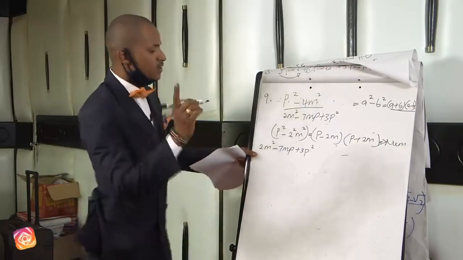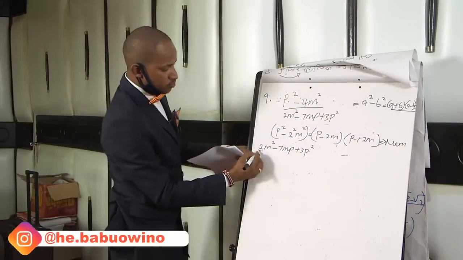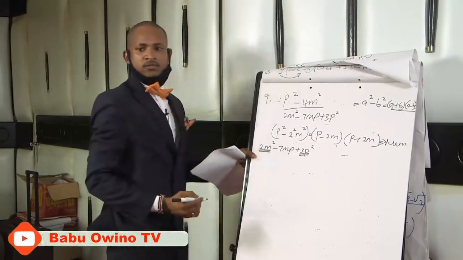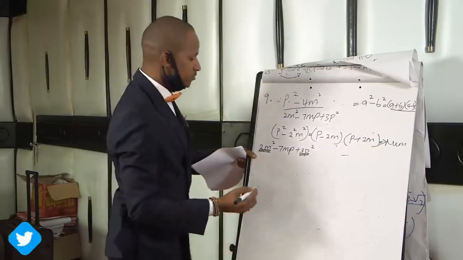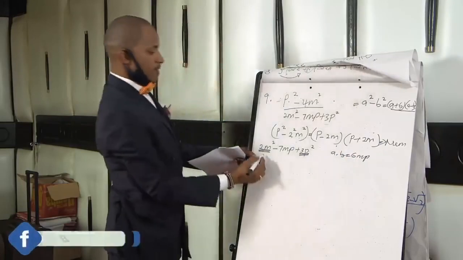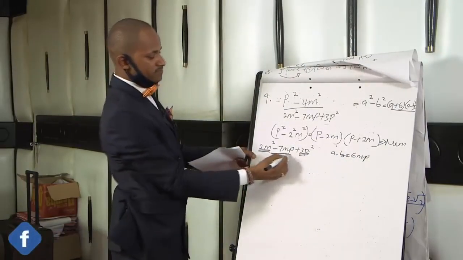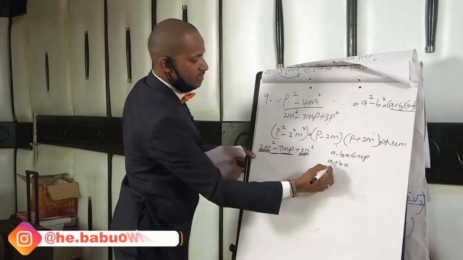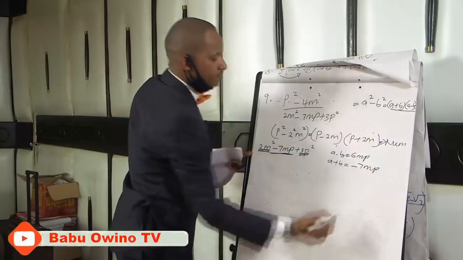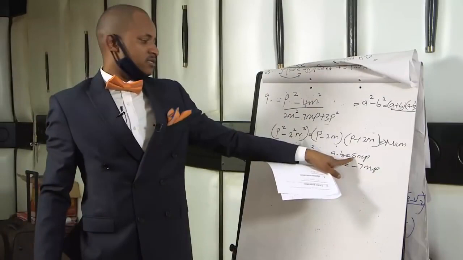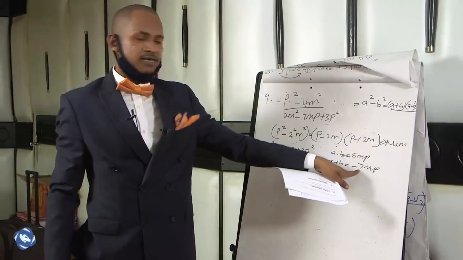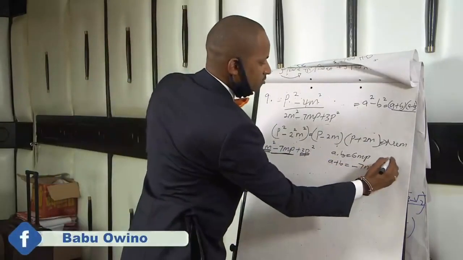Look for two numbers that when you multiply give you 2m squared times 3p, that is 6mp, and when you add the same two numbers, let the numbers be a and b, they give you minus 7mp. So we get two numbers that when we multiply give you 6 and when you add give you minus 7. The numbers are minus 1 and minus 6.